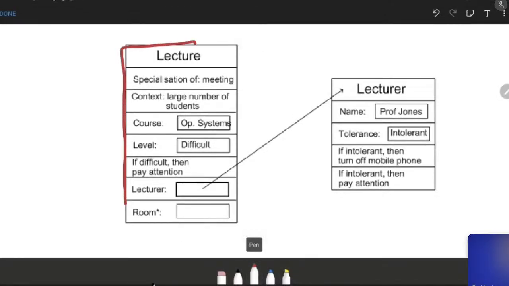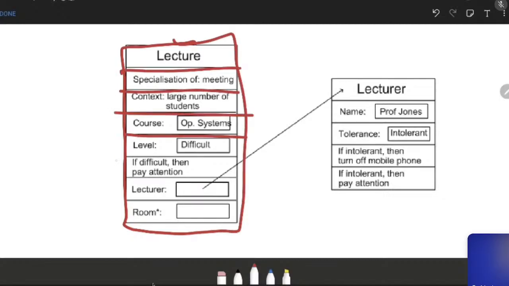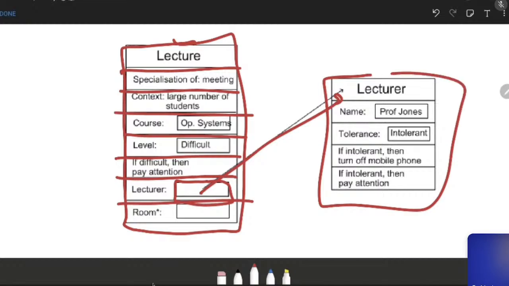This entire frame is for lecture, and then within lecture you keep subdividing it into smaller frames. Within the frame you can add more frames, so this frame itself is another frame, and each of them can be different frames. So you can have a frame for Professor Jones, a frame for operating systems, and so forth. This is just a different way of representing information. Frames.